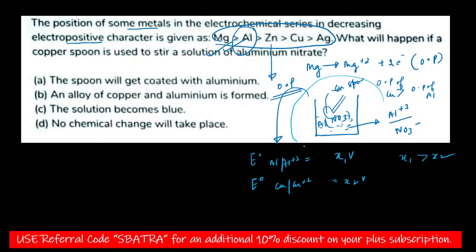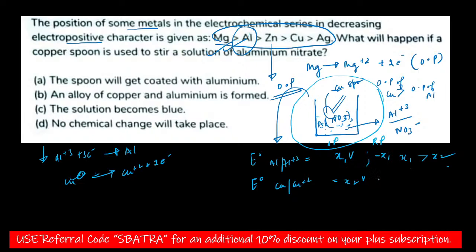Now this is our cell, where we have copper and Al3+. Al3+ will take 3 electrons and form aluminium, and copper will lose 2 electrons, because you have copper metal and aluminium solution. Since x1 is greater than x2, the reduction potentials will be minus x1 and minus x2.